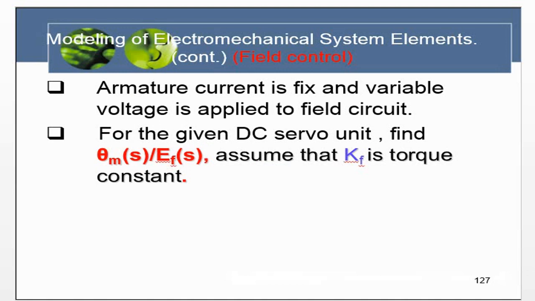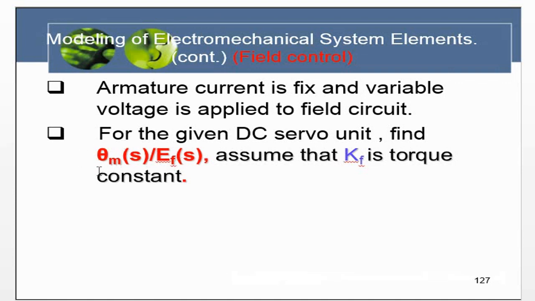Next, field control. Armature current is fixed and variable voltage is applied to the field. Now the variable voltage is applied to the field, then armature current is fixed. And then for the given, find the transfer function theta M(s)/E_F(s).